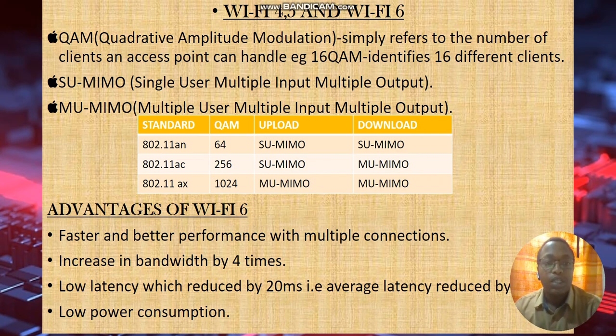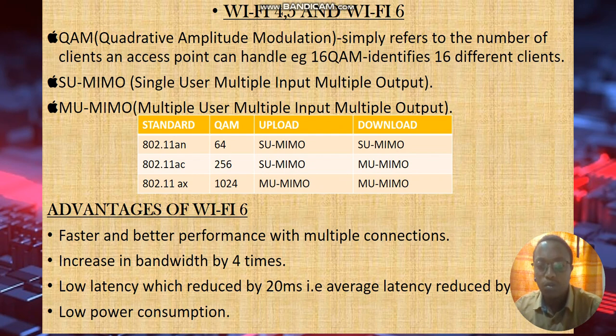Now Wi-Fi 5 could support 256 users at the same time, and in upload mode you could have a single user with multiple input multiple output. That means if you try to upload when you're so many, the 256 of you, you're going to have delays. You have to wait for one to finish uploading so that the next one can take over.